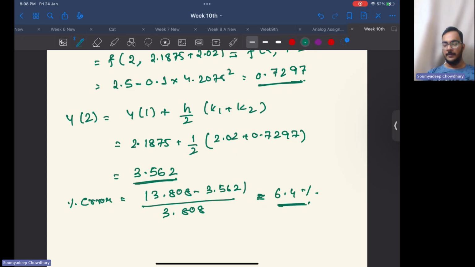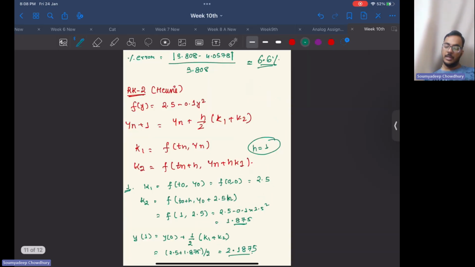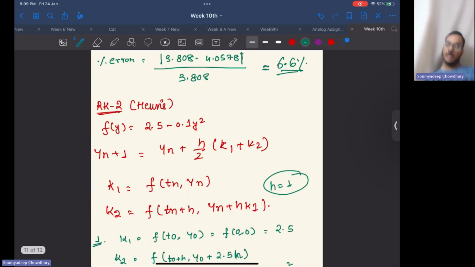So here you can see in the RK2 method I had used h equals 1, and I got an error of around 6.4%. In Euler's method also I had used a higher h, so I got a similar kind of error. So that shows that this RK2 method or Heun's method is more accurate compared to Euler's method.